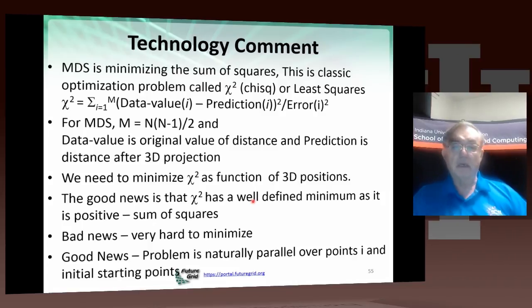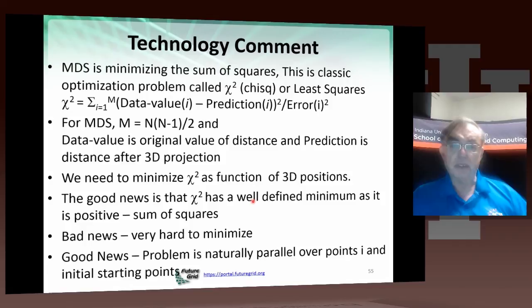So for n of 100,000, this is 0.5 times 10 to the 10. This is a pretty big sum, and that's why you desperately need parallel computing, because you can calculate this sum in parallel and get huge speedup. So all of these jobs are run on 1,000 cores, or actually up to 768 cores, and we get good speedup there, and that's why it's feasible to do this problem.